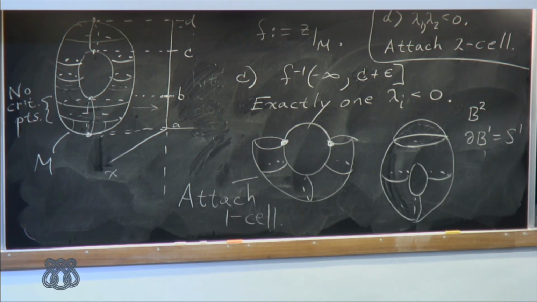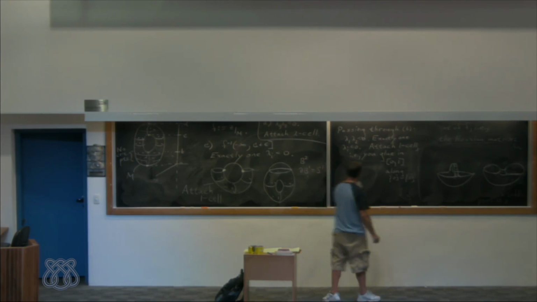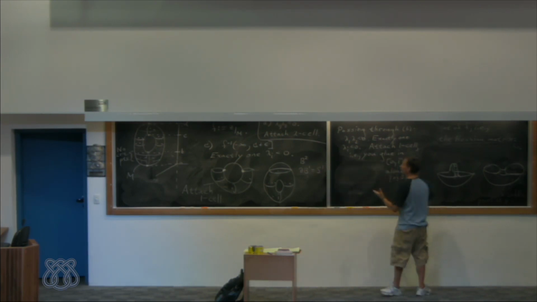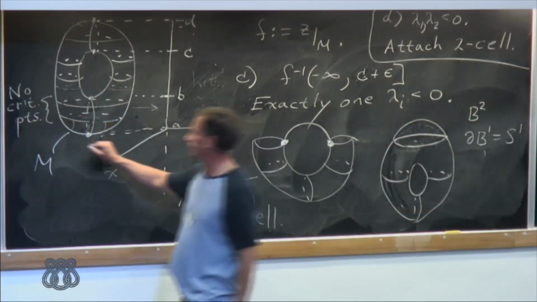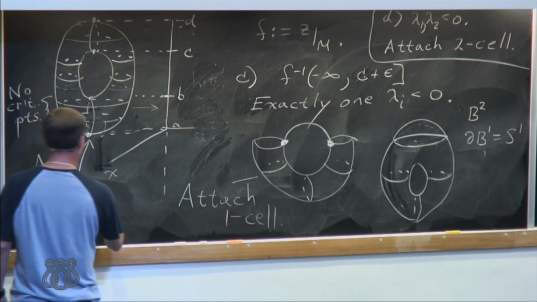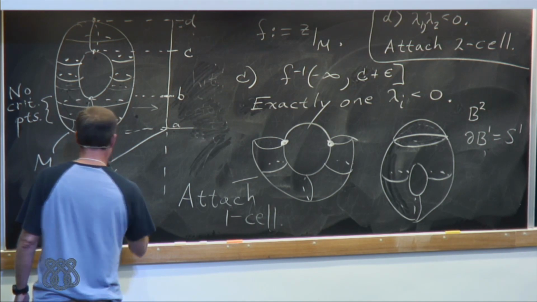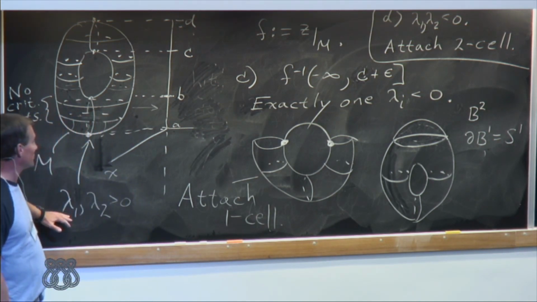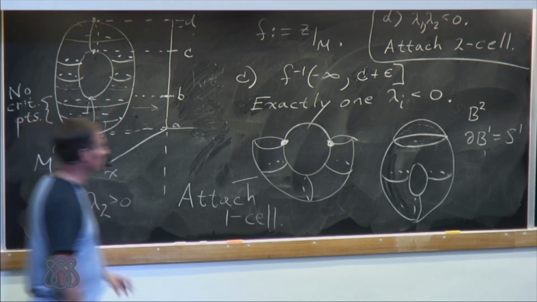But you can tell how the homotopy, so how the homology groups, for instance, change as you pass through critical points. When we pass through this point at A, lambda 1 and lambda 2 were both positive. There were no negative eigenvalues. So with 0 negative eigenvalues, we attached a 0 cell.